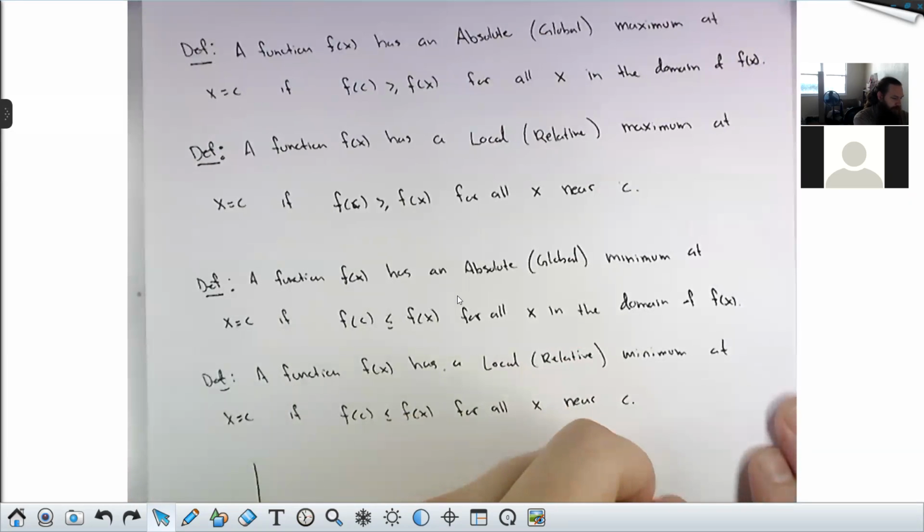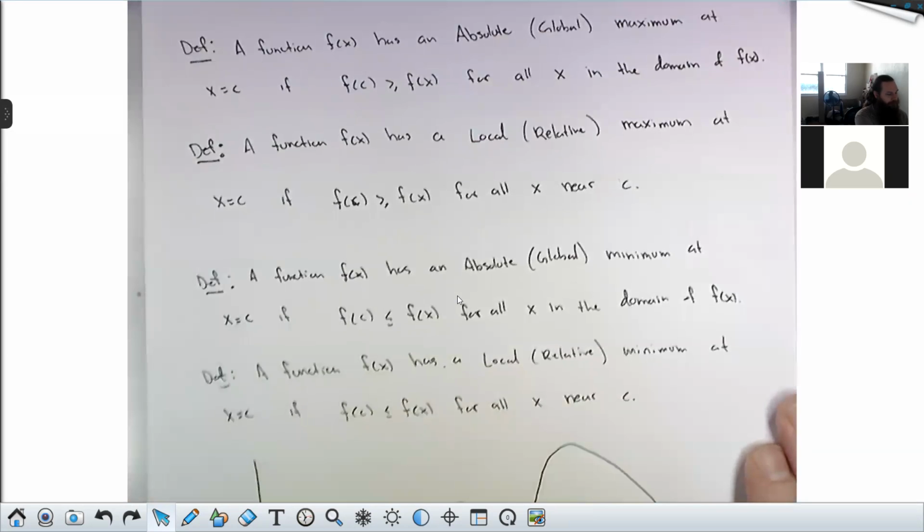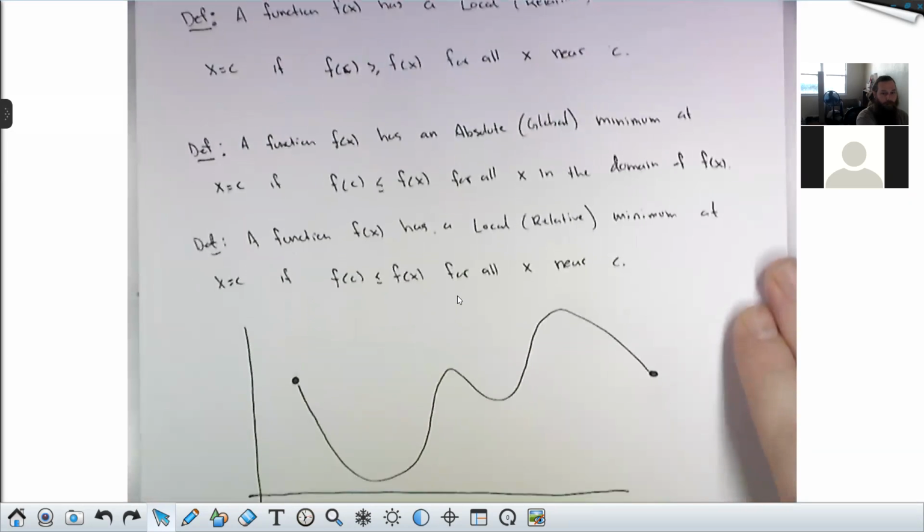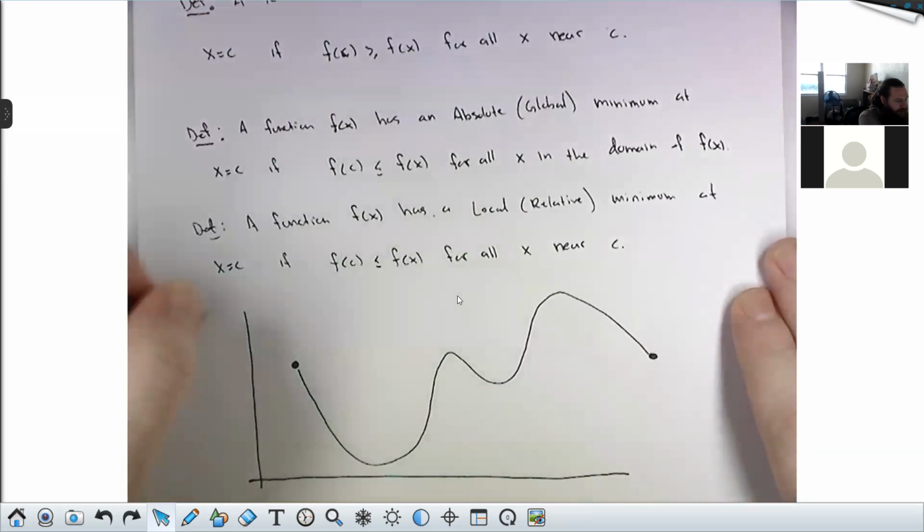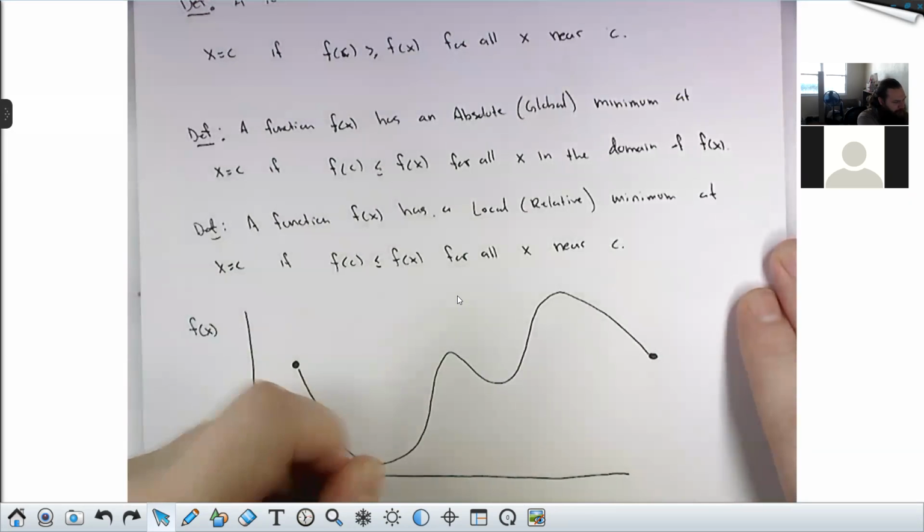Do something like this to start. Okay, so here's a graph. We'll say this is the function f of x. And I'm just going to pick some numbers here.